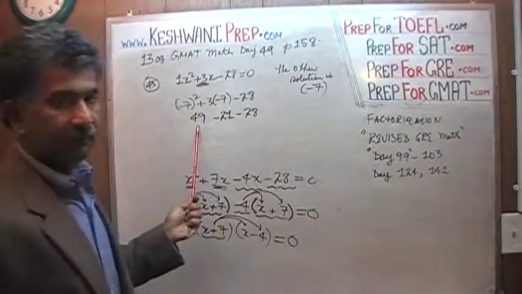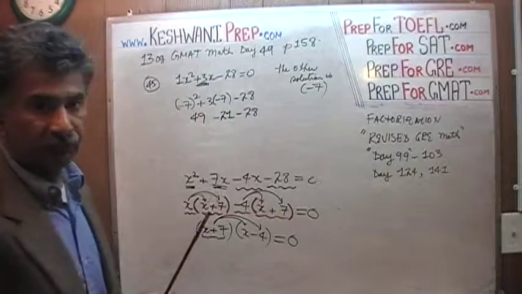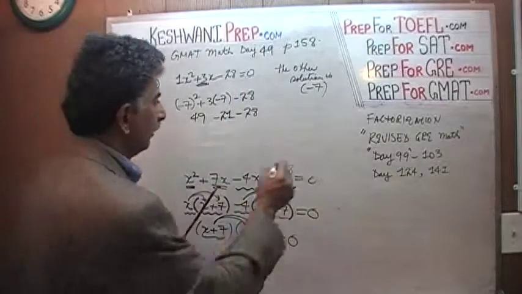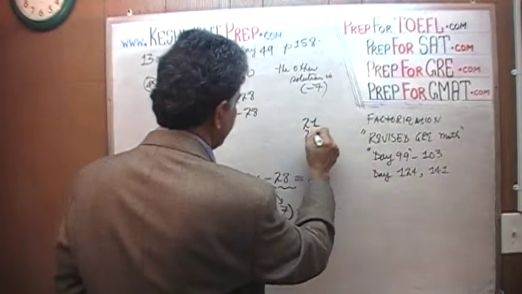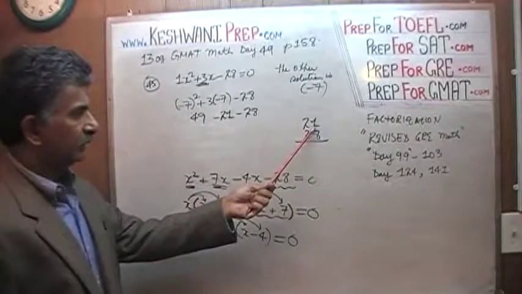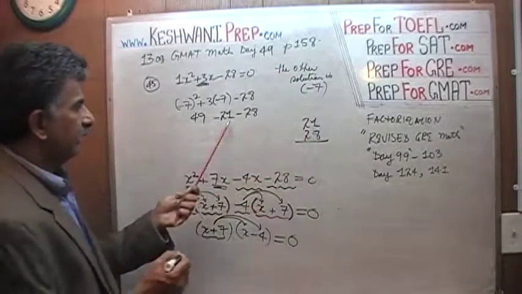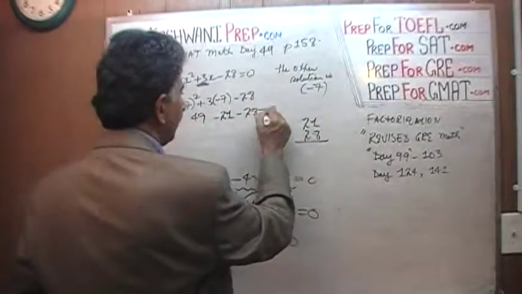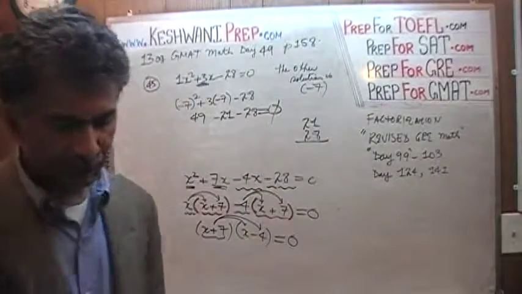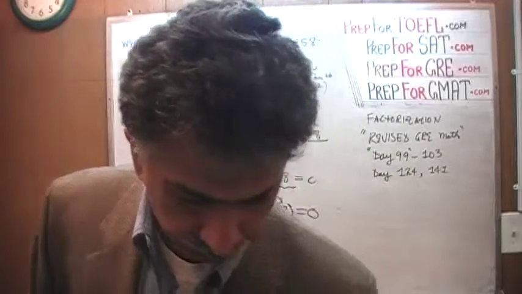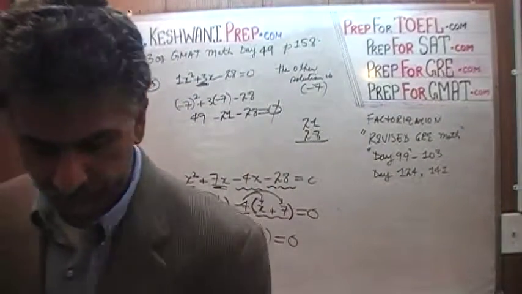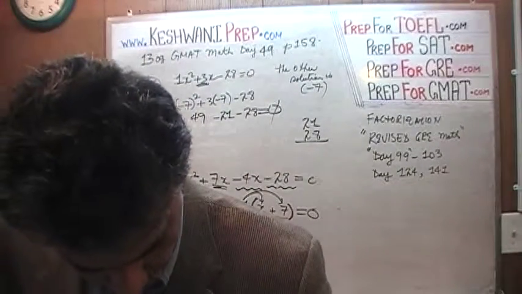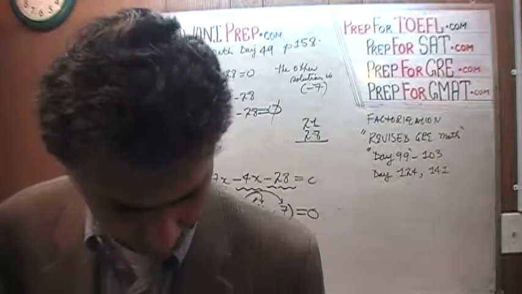Let's see if this actually does add up to 0. Because it has to add up to 0. Negative 21 and negative 28, we don't have to do anything to see that. Negative 21 and negative 28 is negative 49, and negative 49 and the positive 49 does indeed add up to 0. As I said, it only takes 5 seconds to buy that insurance. It does work. Negative 7 is the right answer, which happens to be answer choice A.